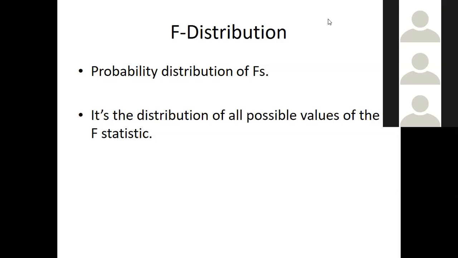So the F distribution is a form of continuous probability distribution, just like the normal distribution, T distribution, and chi-square distribution. They are all continuous probability distributions.